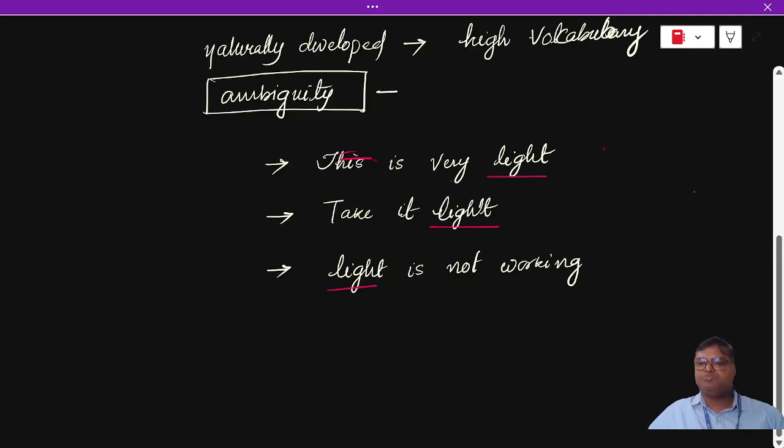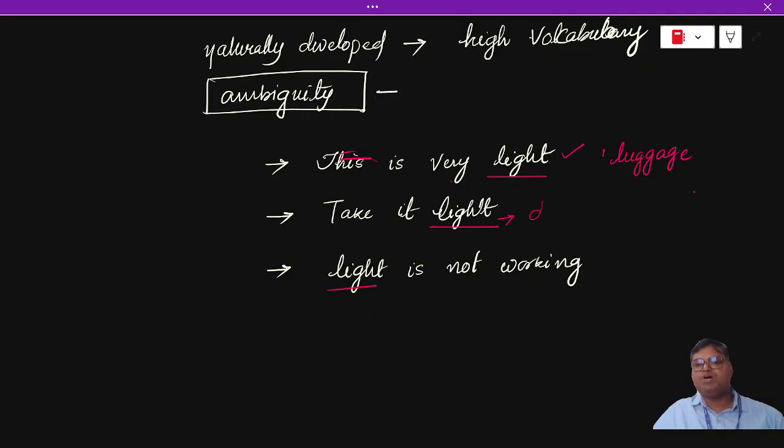When I say this is very light, what might be the context? Maybe I'm talking about some luggage or a bag, and I'm saying that this luggage is light, so it is about weight. When I say take it light, this is informal language: don't take it seriously, do not bother.